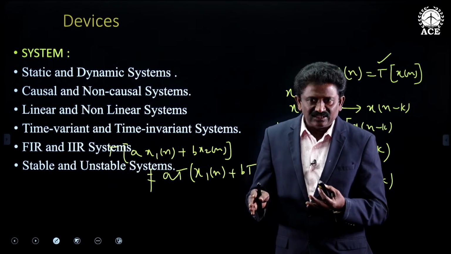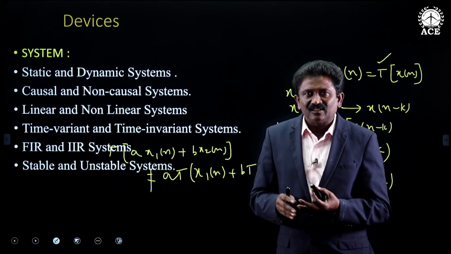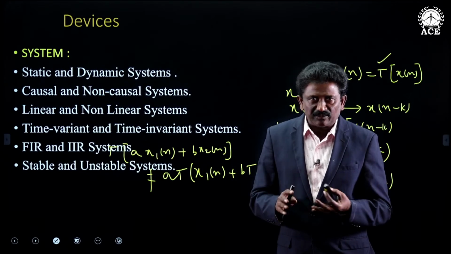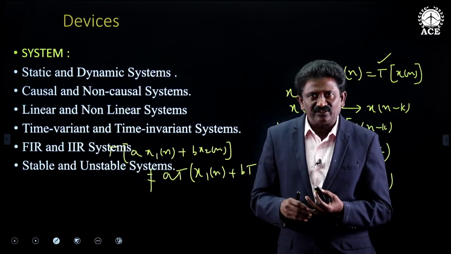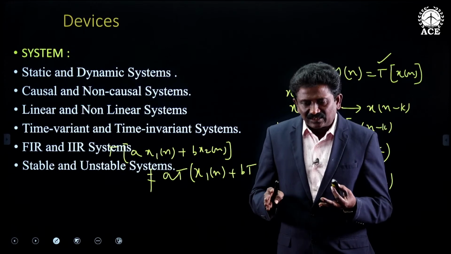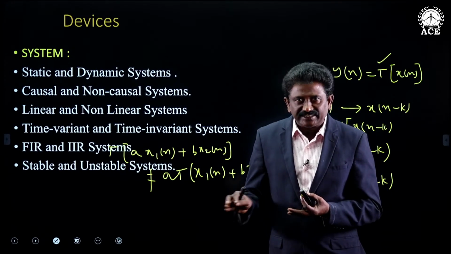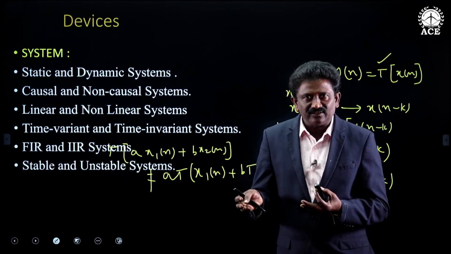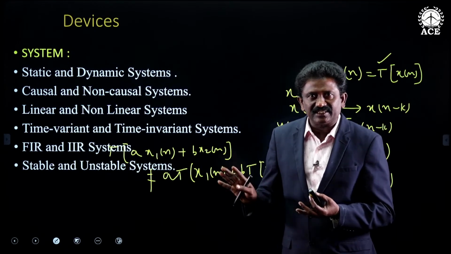That means the bounded output corresponds to the bounded input samples. That is called stable.